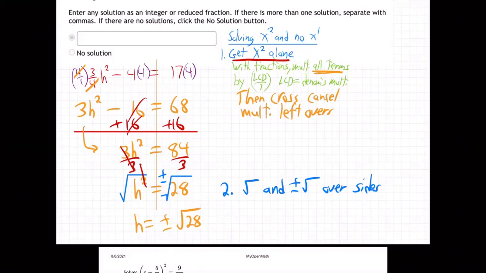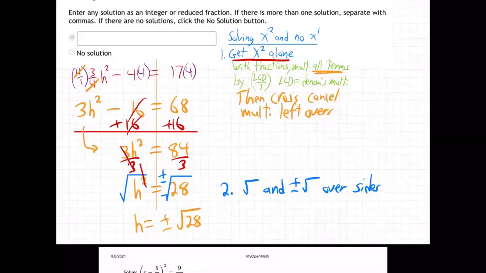Okay, now we've got to figure out what we're going to do from here. How do we give the answer? Now, will they allow us to type it in just like that, or do they want a decimal? I'm not sure. Let me see.